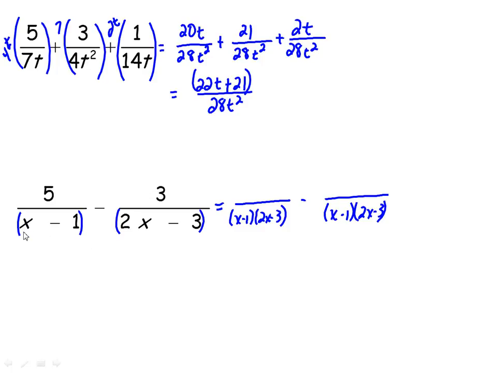What's different from here to here? What'd you multiply by? The 2x minus 3. So you're going to multiply this whole fraction by 2x minus 3. So when you multiply x minus 1 times 2x minus 3, you get your denominator. When I multiply 5 times 2x minus 3, that's the distributive property. So that new numerator is going to be 10x minus 15.